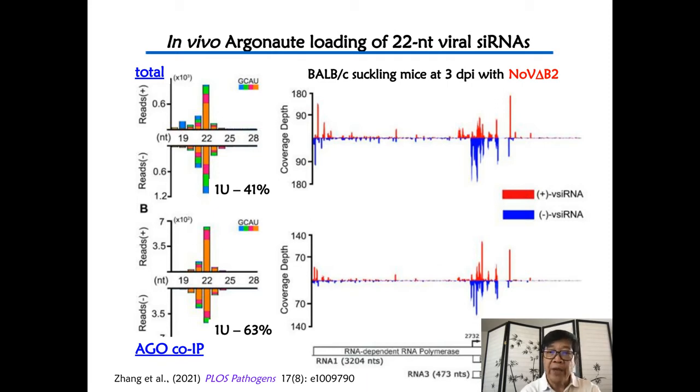If you compare the pattern of the hotspot distribution, you will find the total small RNA and Argonaute IP RNA are very similar, suggesting that loading into Argonaute is proportional for the viral siRNAs produced in the mice.